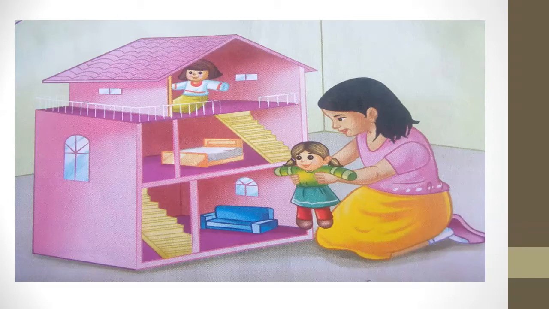You can look, it's a beautiful house. You can look here: a sofa, bed, 2 rooms, stair, Anam and Anam's doll. It's a beautiful house.